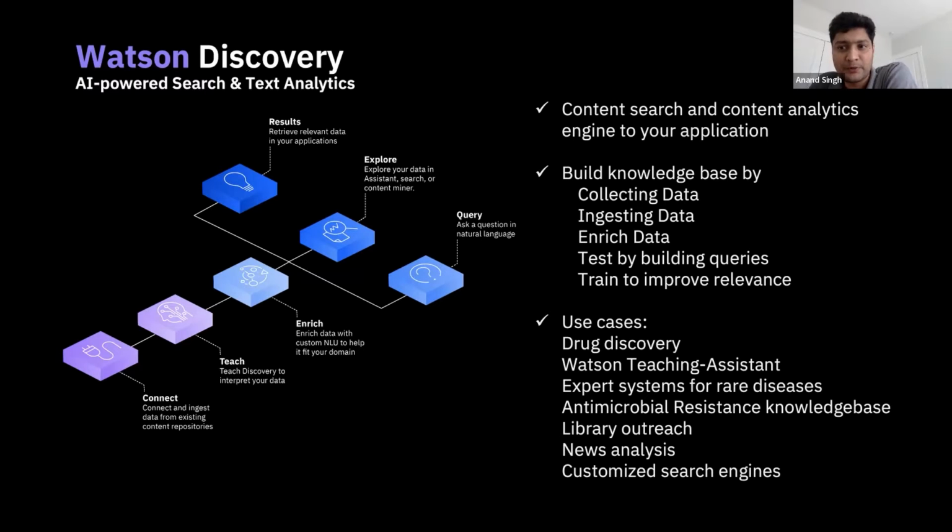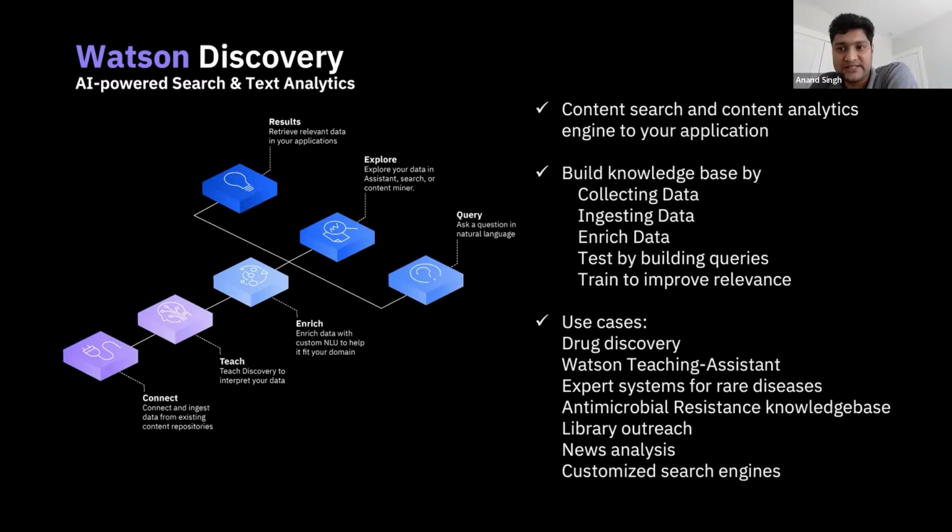The process is something like this. You collect all this data and give it to Watson Discovery to ingest. While ingesting, it provides you a lot of tools. For example, you can take a research paper and highlight different portions of it, the title, abstract, a particular text you are interested in, and later on you can query with those filter criteria.